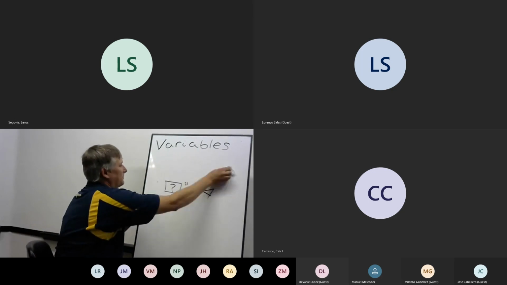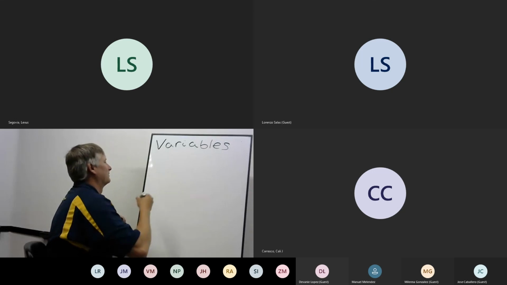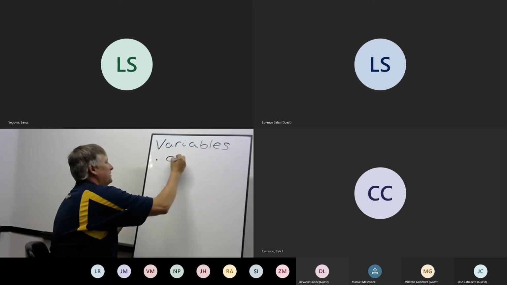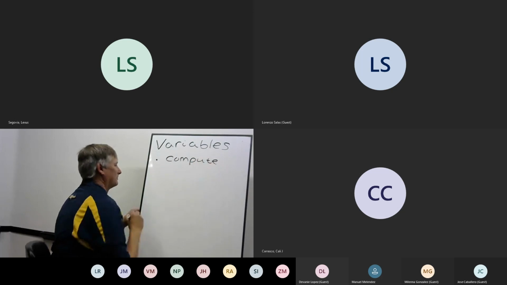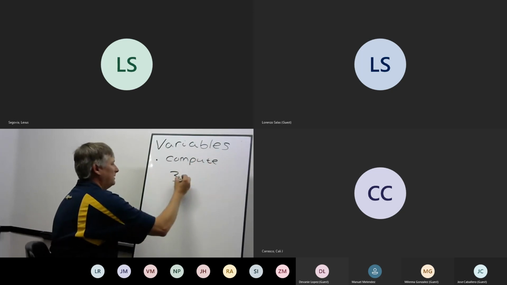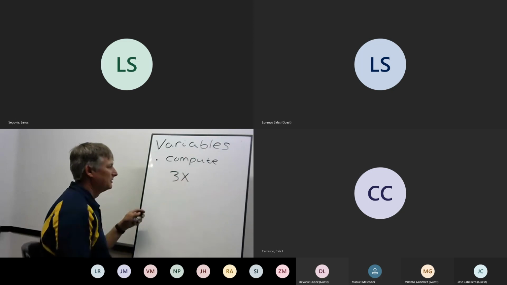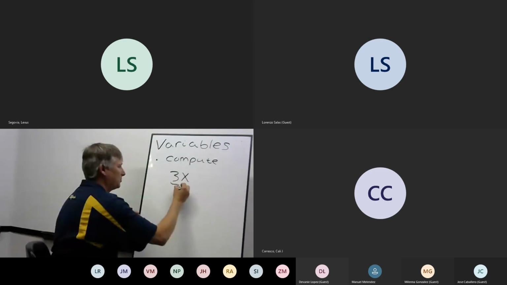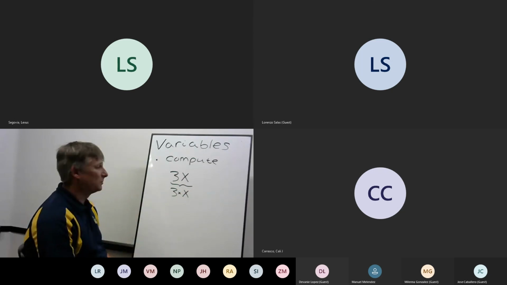So what we'll get, if we compute this, we'll get 3. And remember, we write variables next to numbers to mean multiplication. So this is going to mean 3 times X. Again, that use of the symbol for multiplication.